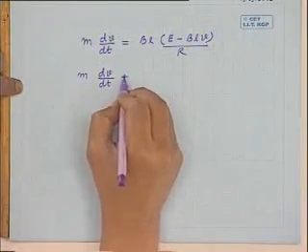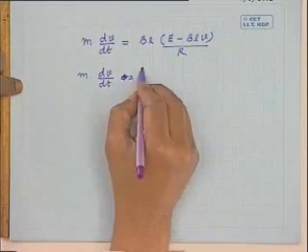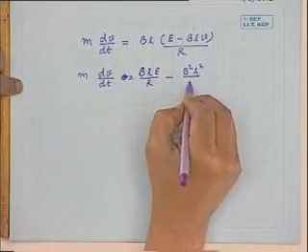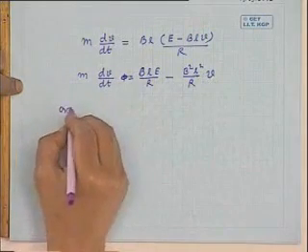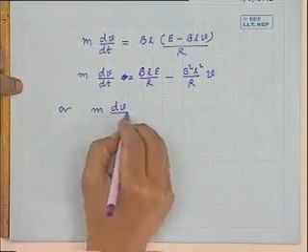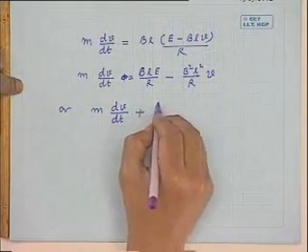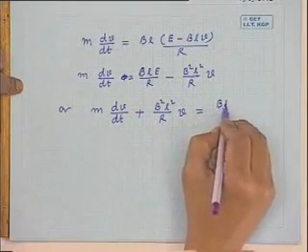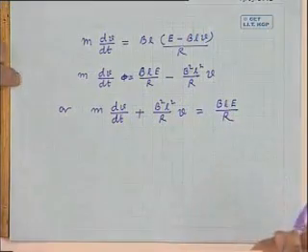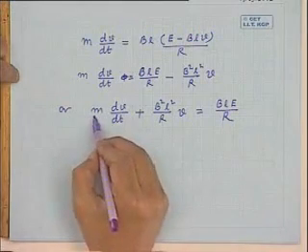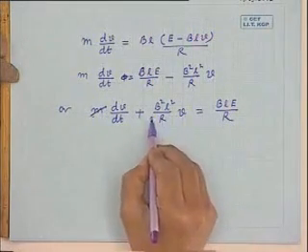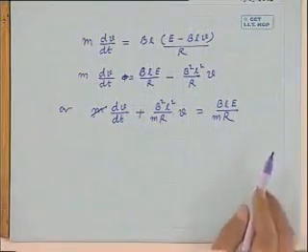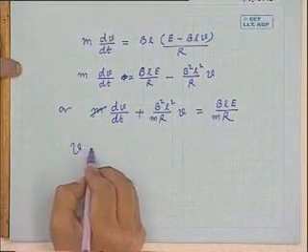So m dv/dt equals BLE by R minus B square L square by R into V. Take V on one side: m dv/dt plus B square L square by R into V is equal to BLE by R. Divide both sides by m, so your equation is dv/dt plus this term.